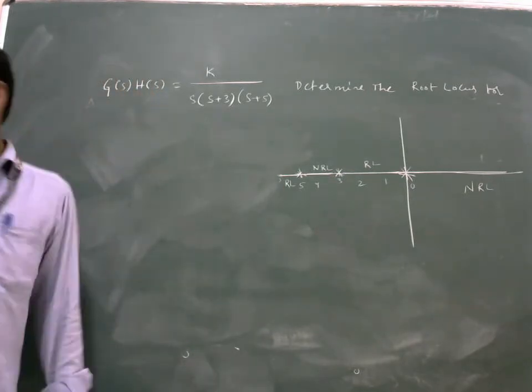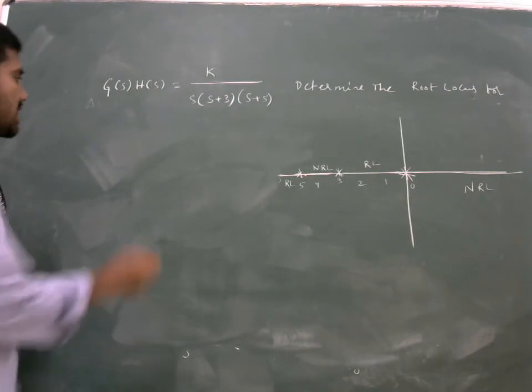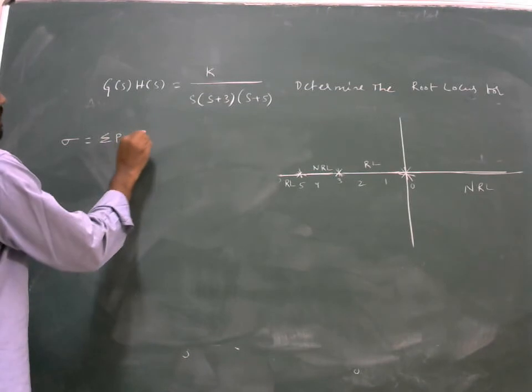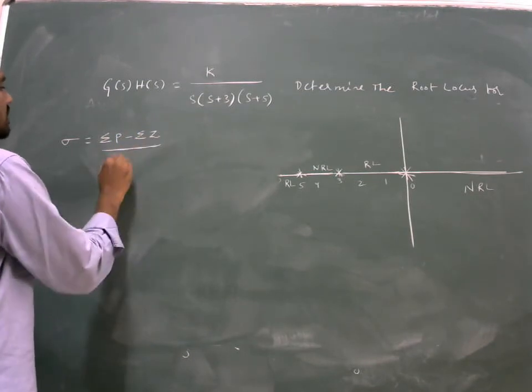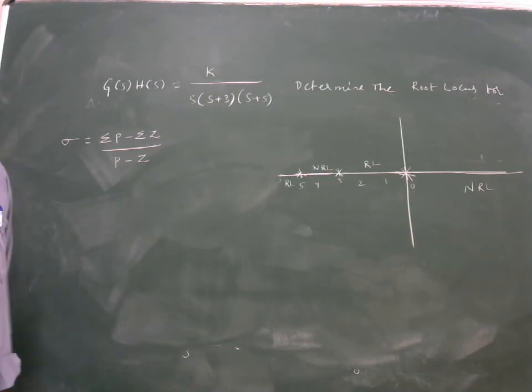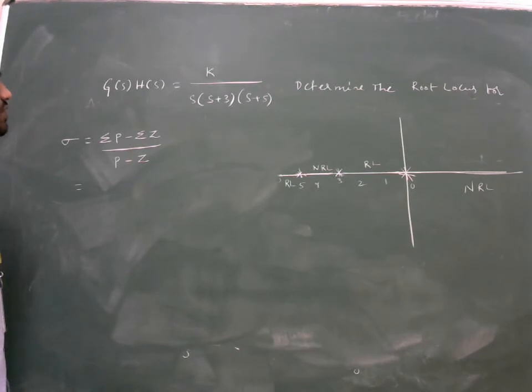The next step is the centroid. What is the centroid? Centroid is equal to summation of poles minus summation of zeros, divided by number of poles minus number of zeros.